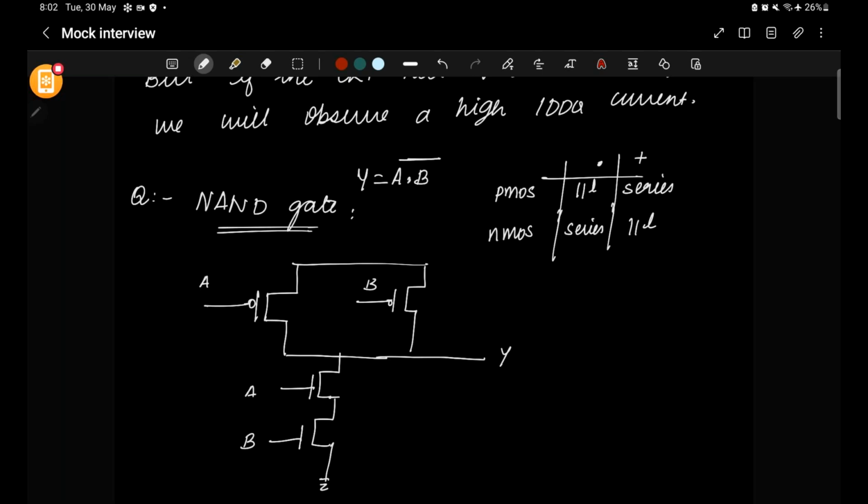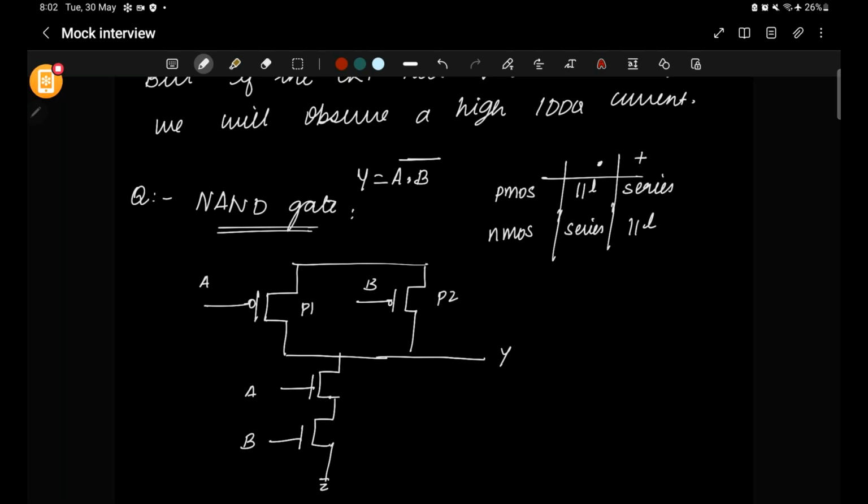Since the whole bar is there, we are not adding any NOT gate at the end. If the whole bar was not there, we would add the NOT gate. And there is a dot here, so PMOS is connected in parallel and NMOS is connected in series. So this is how we have arrived at the diagram.